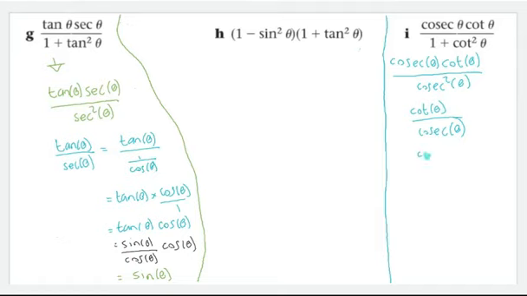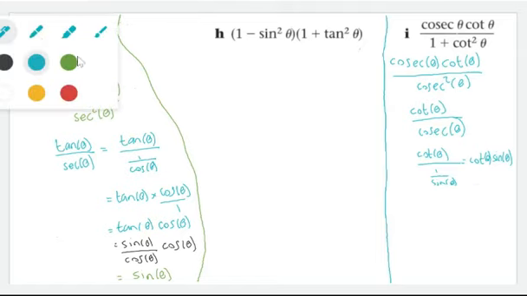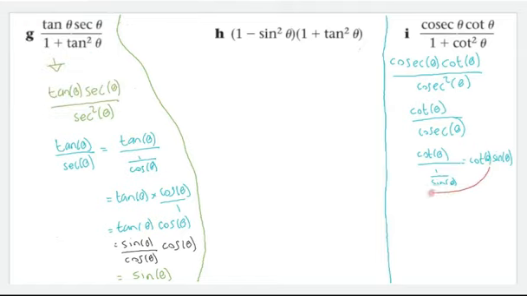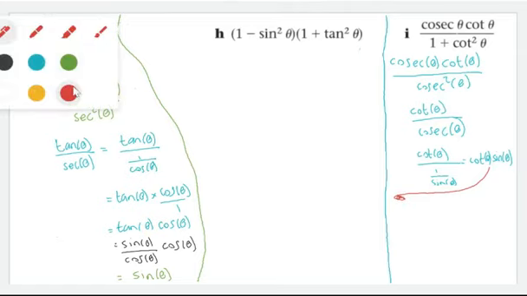Okay, so let's write this one first. Cot theta divided by, you said change cosec to 1 over sine, so over 1 over sine. That's the same thing as cot theta times sine theta, for the same reason as before. And then cot theta is equal to 1 over tan theta, which is also equal to cos theta over sine theta.